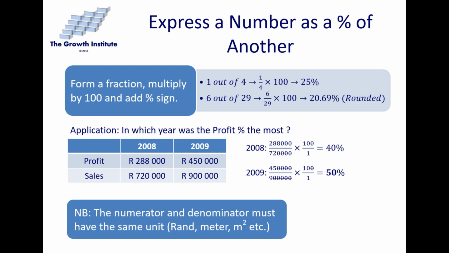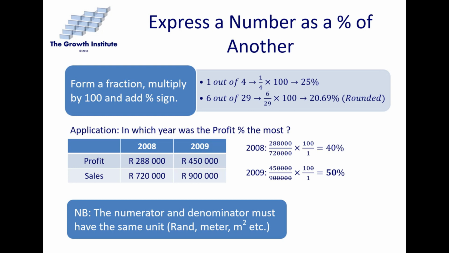But if they give you 2 decimals in each of the numbers, then possibly they want you to round it off to 4 decimals. But in any test, any assignment, any exam, please read the instructions. They will tell you how many decimal places it must be rounded to. Okay.